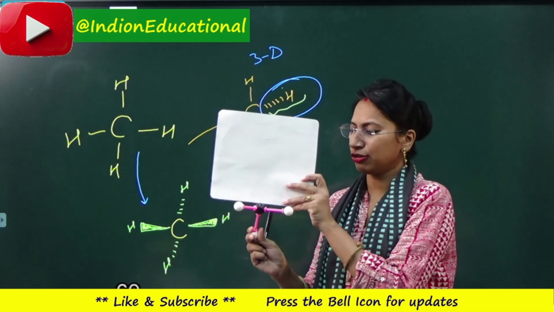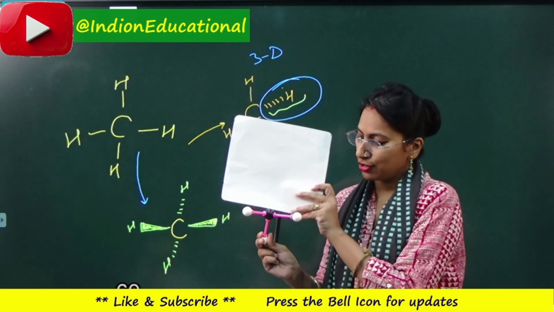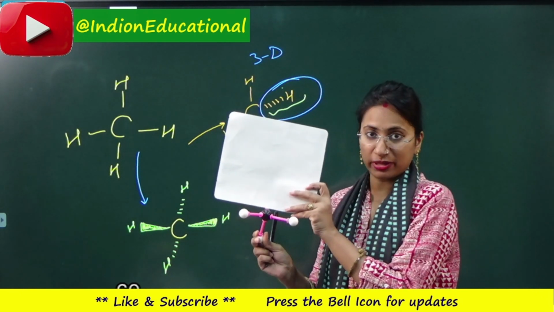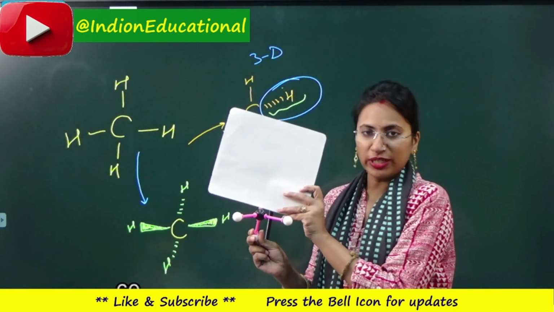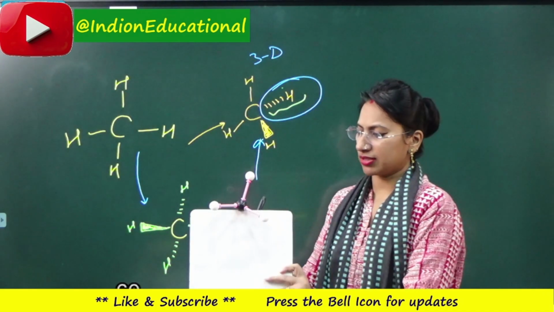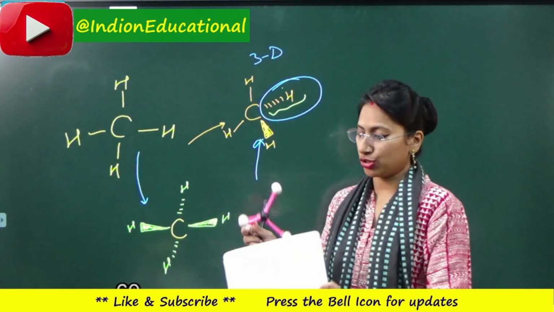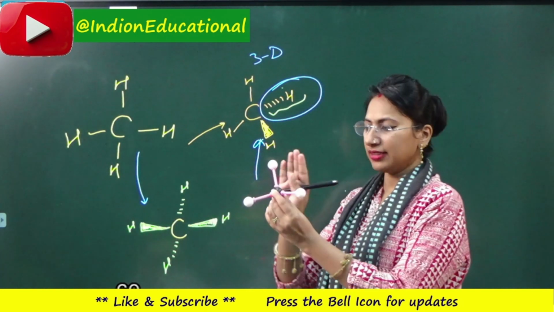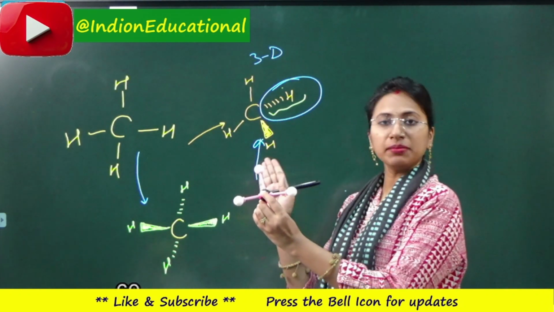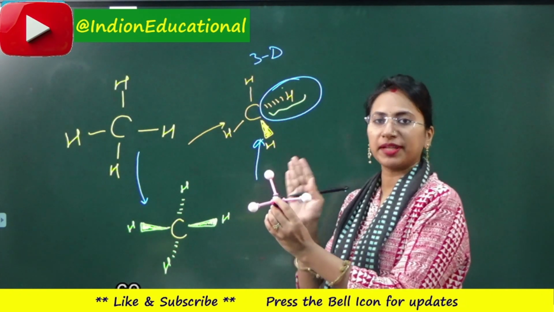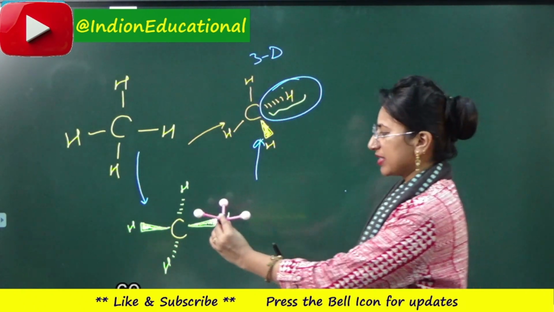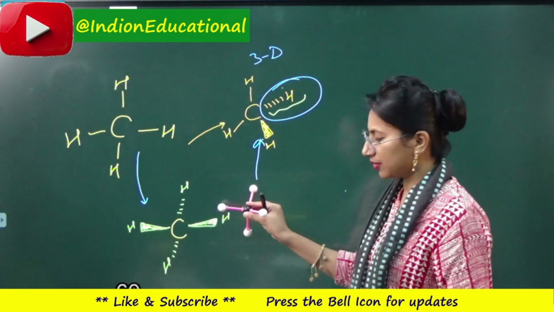If you pass a plane through the carbon atom now, you can see only 2 carbon hydrogen bonds pointing towards you, and the other 2 bonds are behind the plane of the board. So the representation is done like this.